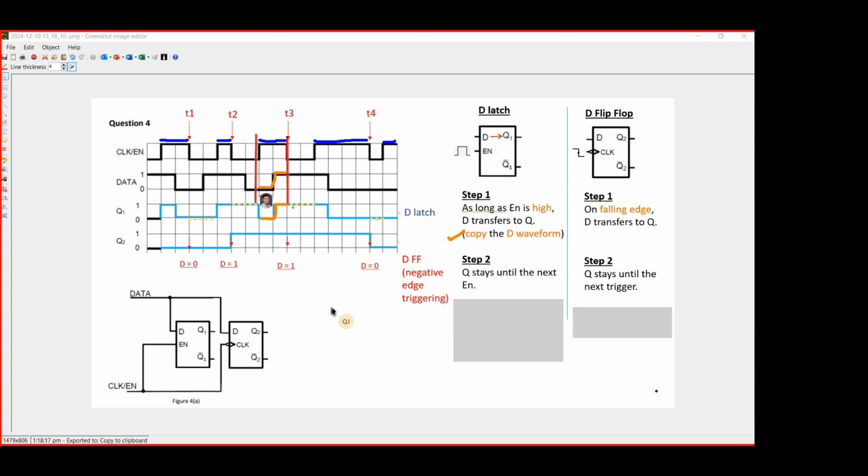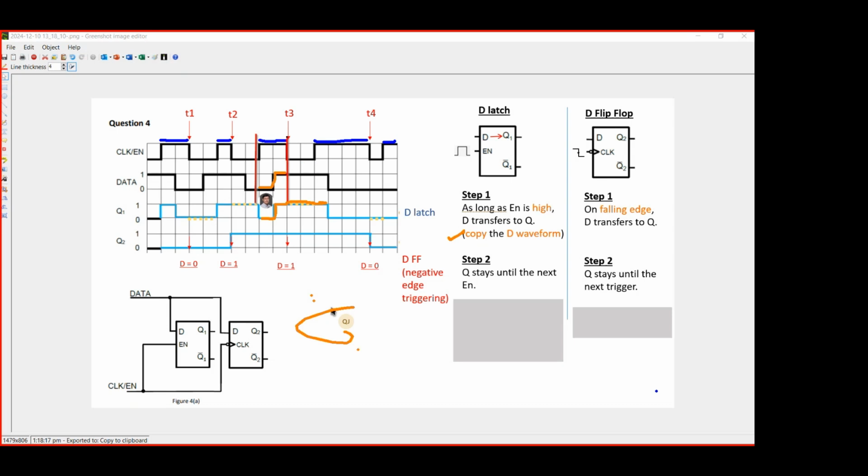Okay. So what is next? Step two. What does it do? Step two. Can you use your mouse to draw? I think you can do annotation, right? Yeah, all the way until here.